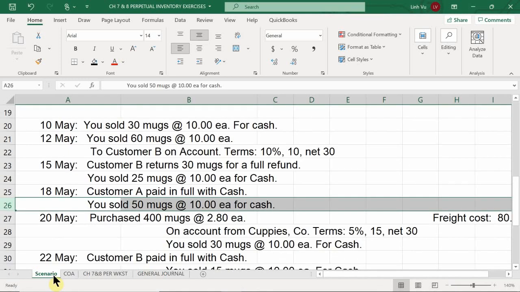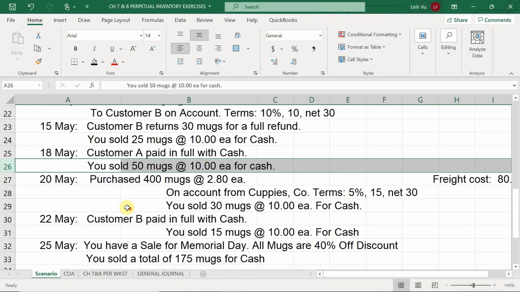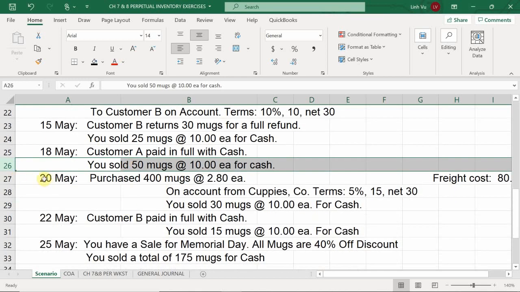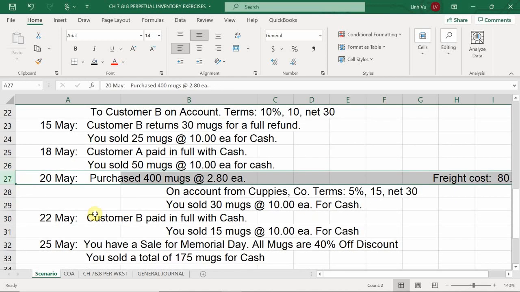Okay. So let's go ahead and do this last one here, where on May 20th, we end up purchasing 400 mugs at $2.80 each, with the freight costing you $80 on an account from Cuppies Co. with the terms of 5% 15 net 30.